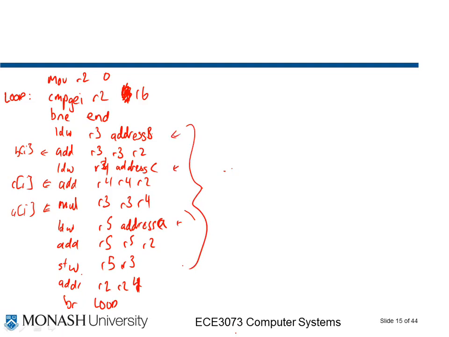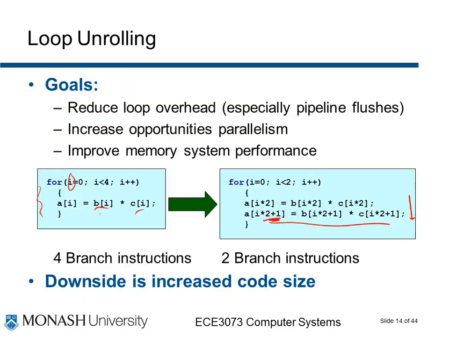Yeah, so I've saved one branch operation per loop. If I had n iterations instead of 4, then I would save n branches. And branches are quite a costly operation because you're flushing your pipeline whenever you branch on the CPU.